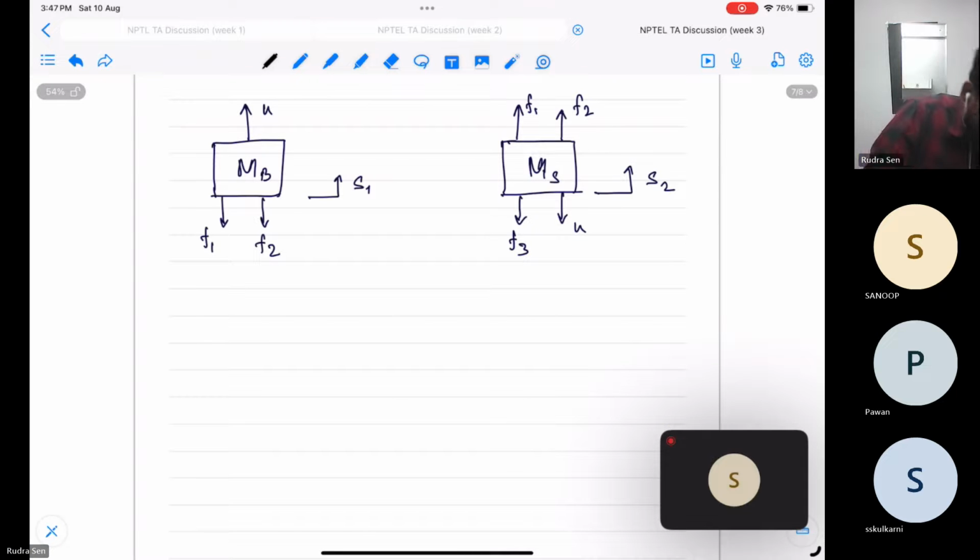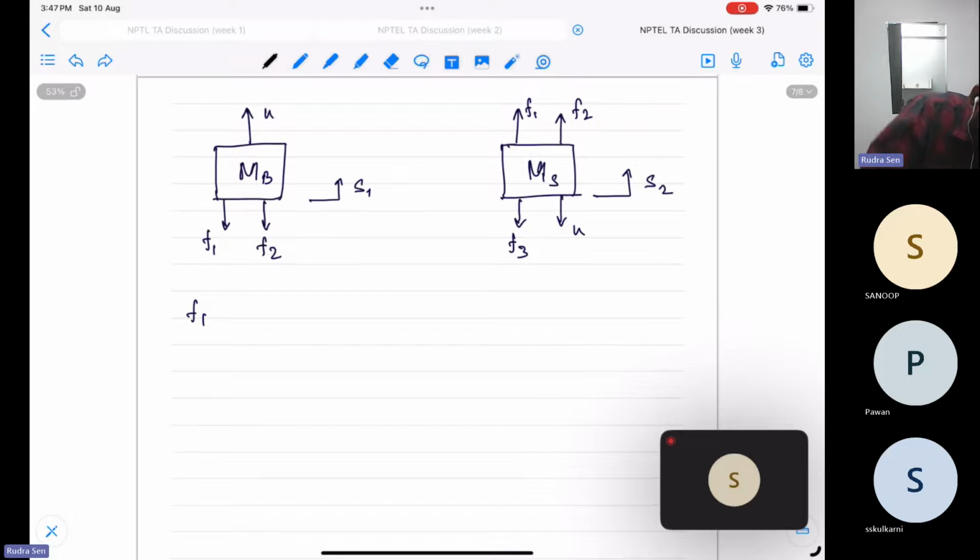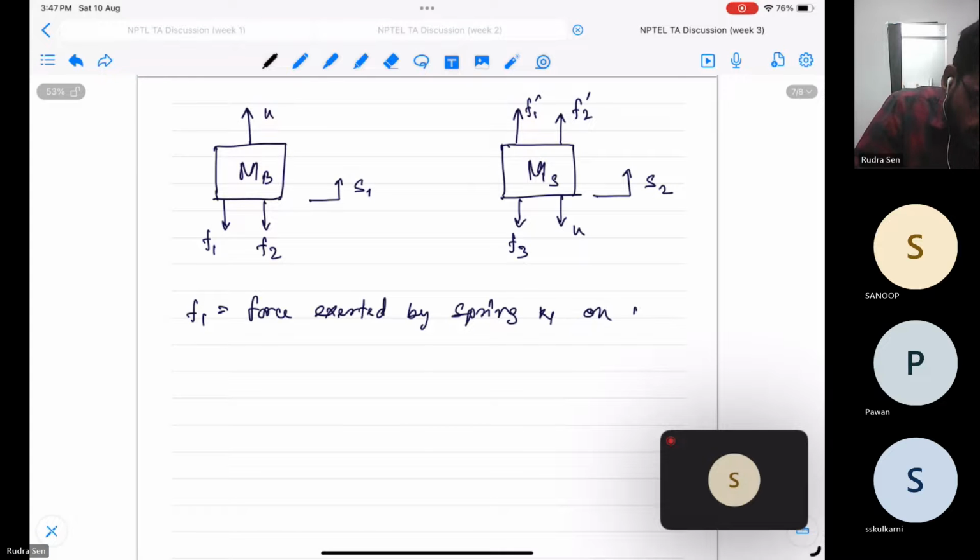So the F1, let's say I'm calling it F1 prime, F2 prime. F1 is the force exerted by spring K1 on MB. F2 is the force exerted by dashpot B on MB.